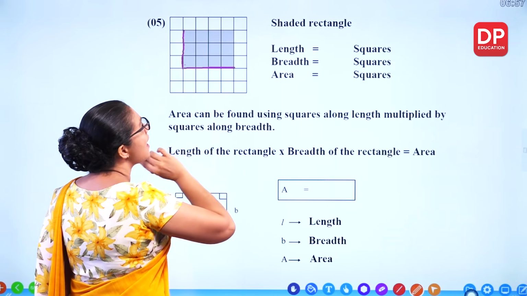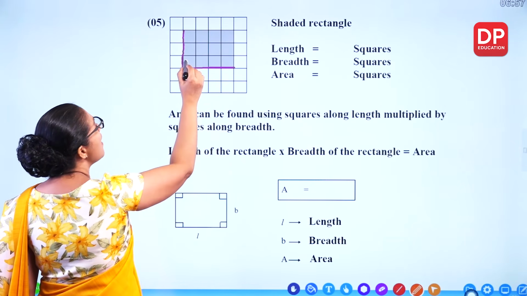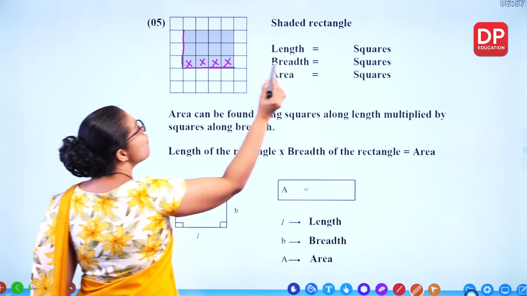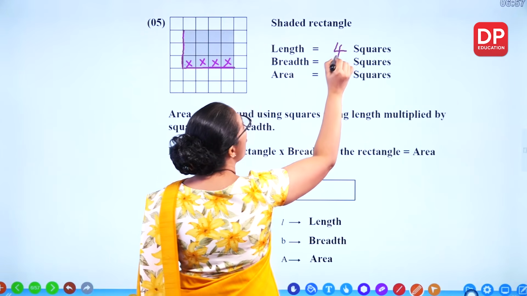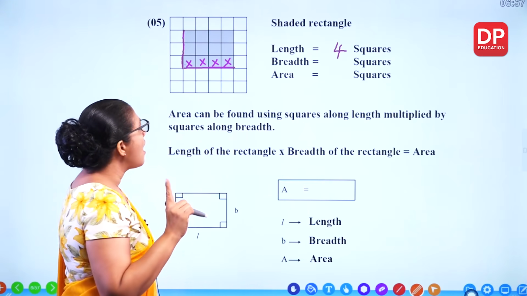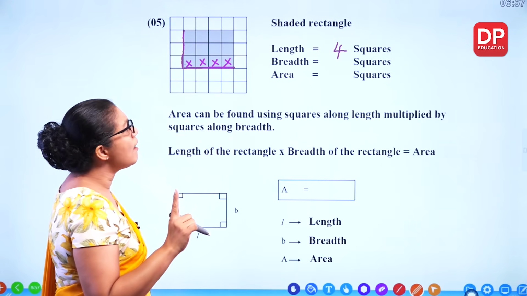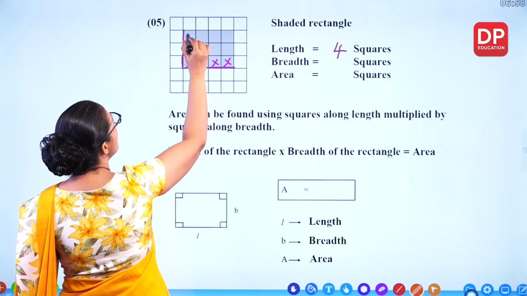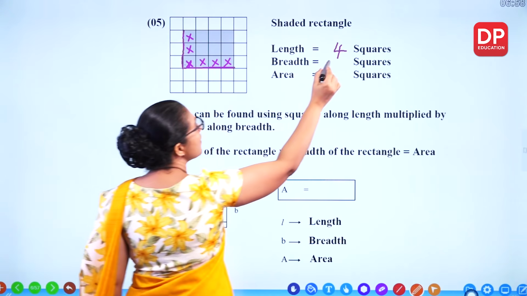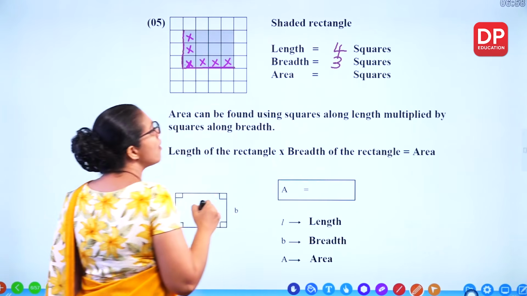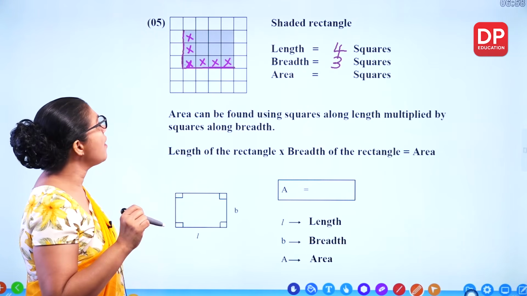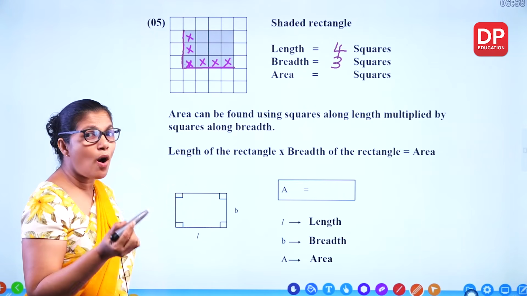Along this length, how many squares are there? 1, 2, 3, 4. 4 squares along the length. How many squares are there along the breadth? 1, 2, 3. 3 squares along the breadth.